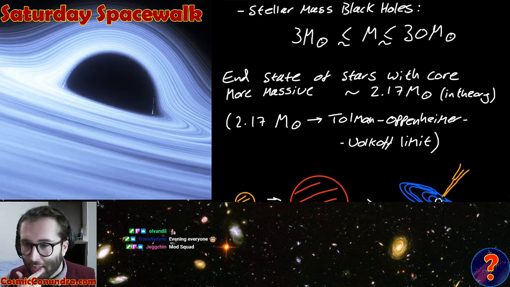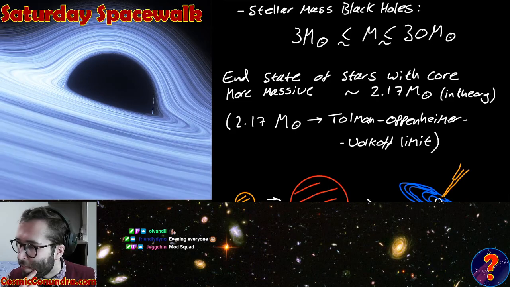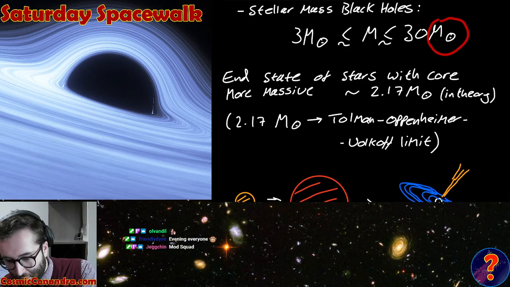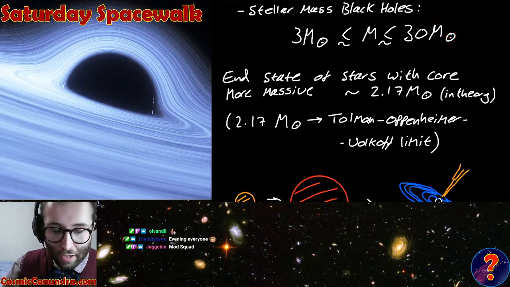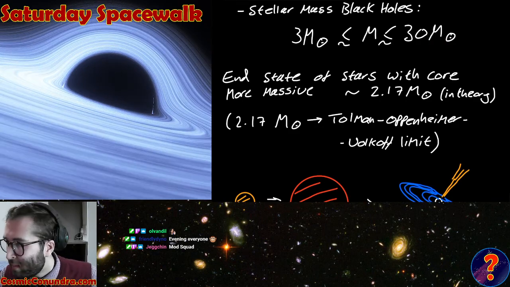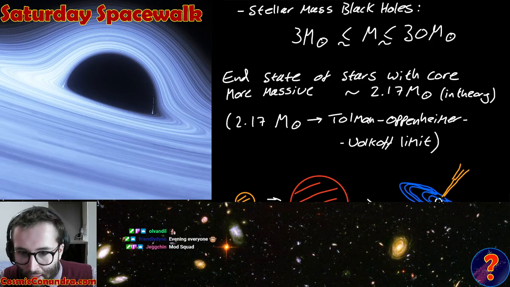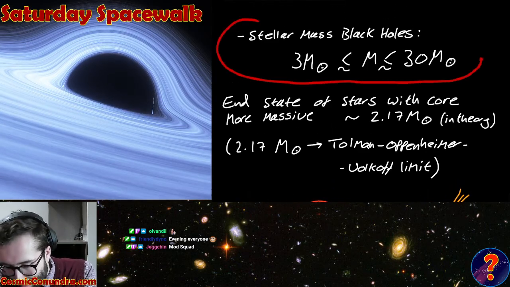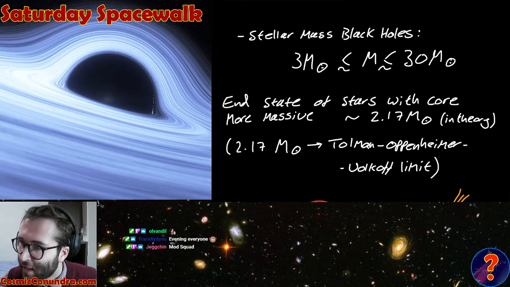But in practice, we've never actually seen black holes that are less massive than about 3.3 solar masses. I should say that's what this M with a subscript circle dot means. That means a solar mass. So I think the smallest black hole we've ever observed was around 3.3 solar masses. In theory, for stellar mass black holes, this range is often quoted between 3 and 30 times the mass of the Sun.